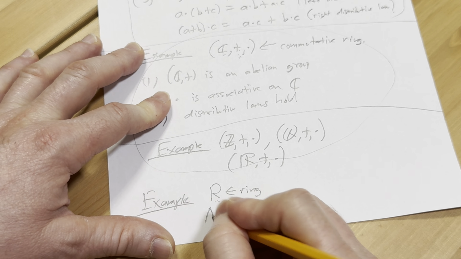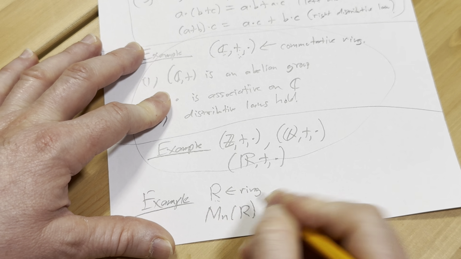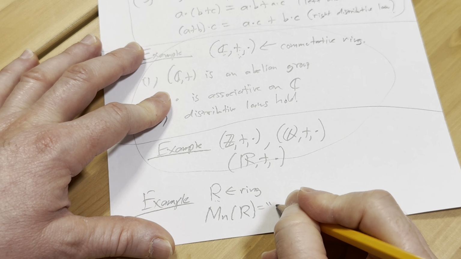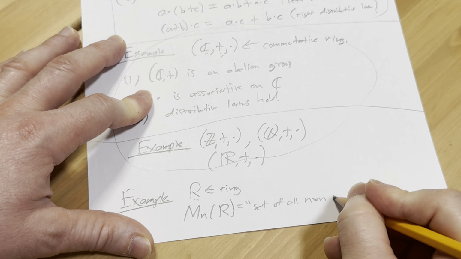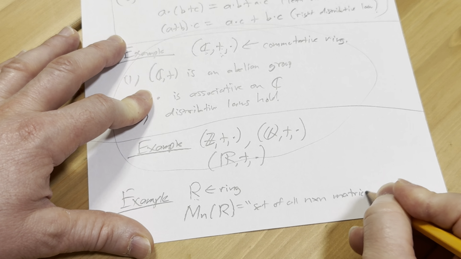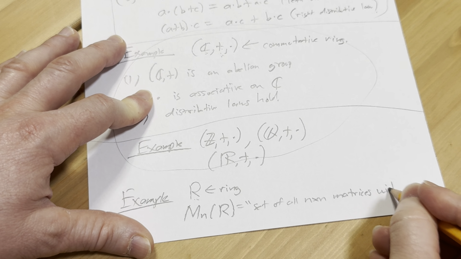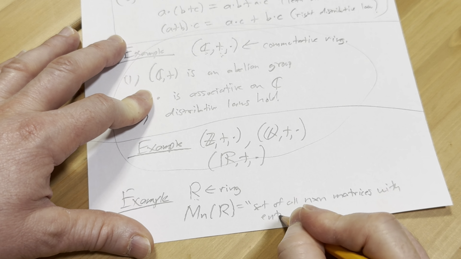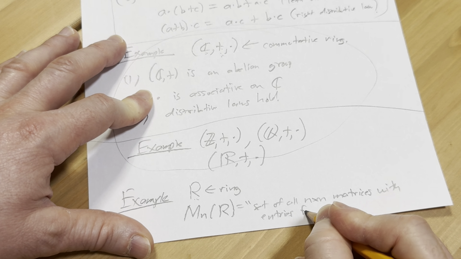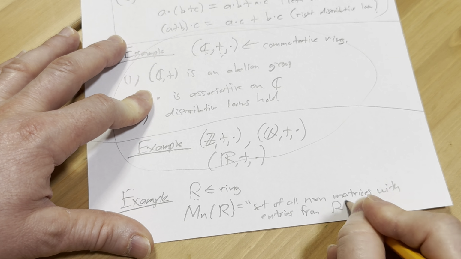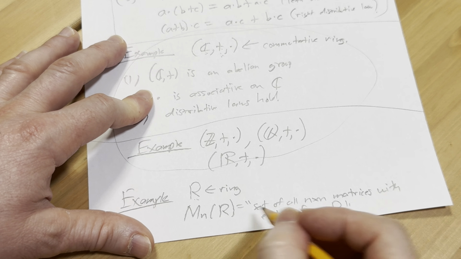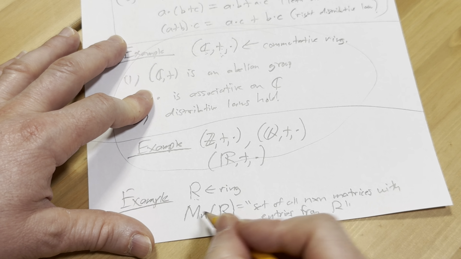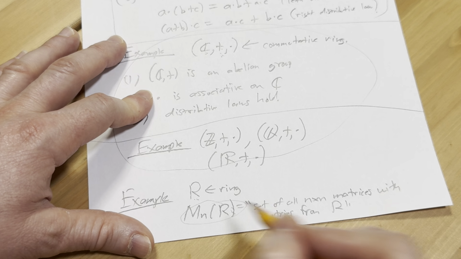You can let this here be the set of all n by n matrices with entries from R. This is going to be a ring under the usual operations of addition and multiplication, because this under addition will form a group.